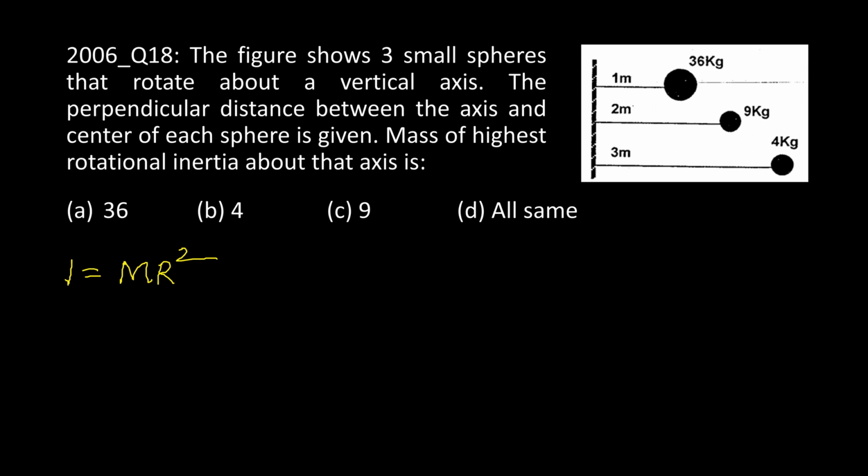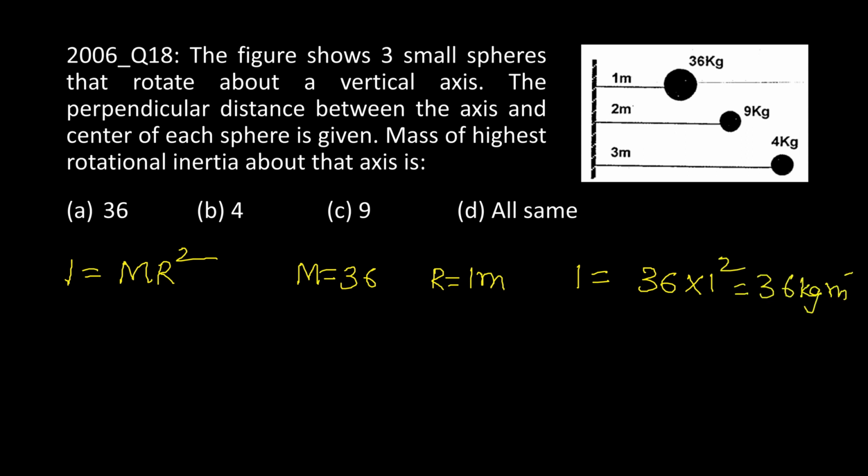Now for the mass of 36 kg, r is equal to 1 meter from the problem. So moment of inertia I is equal to m r squared, that is 36 times 1 squared, which is equal to 36 kg meter squared.